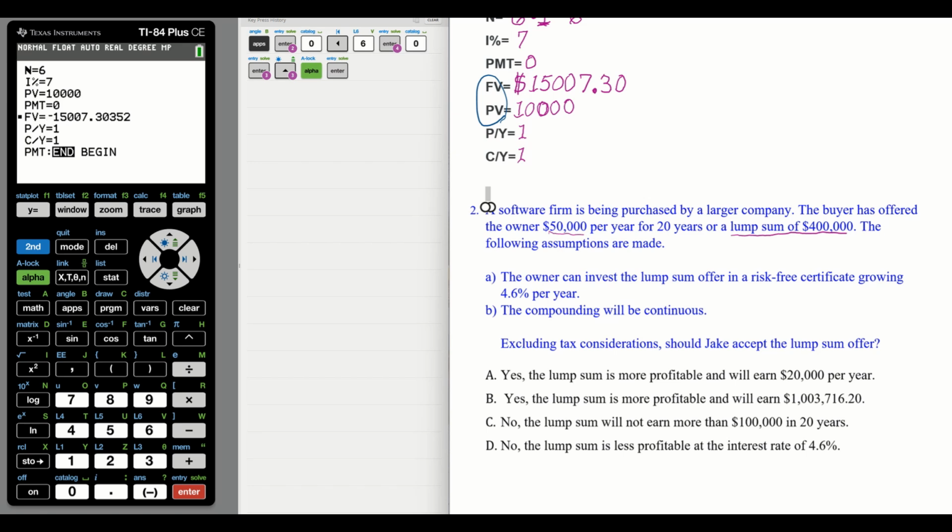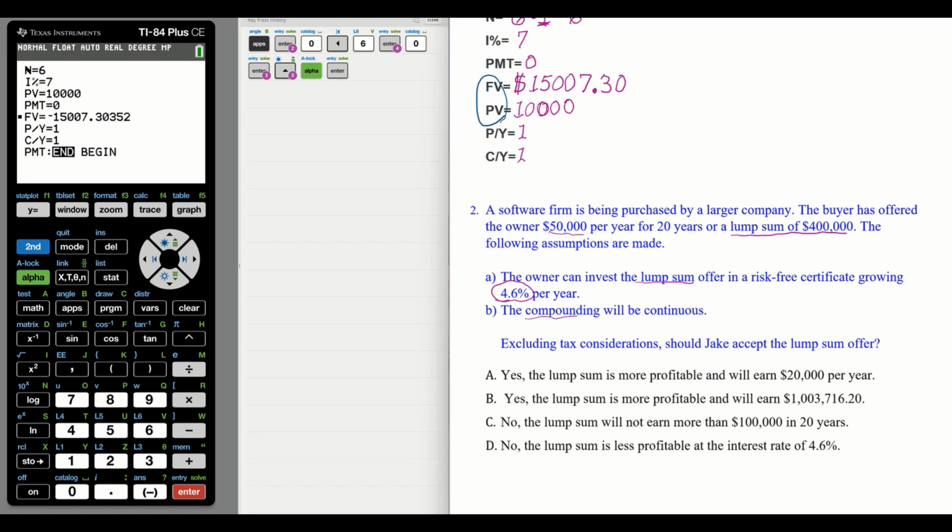That's not bad. The following assumptions must be made, and this is important to get to the correct answer. The owner, the guy that's selling his company, can invest that lump sum offer in a risk-free certificate growing at 4.6% a year. So you're assuming that is 100% going to happen.